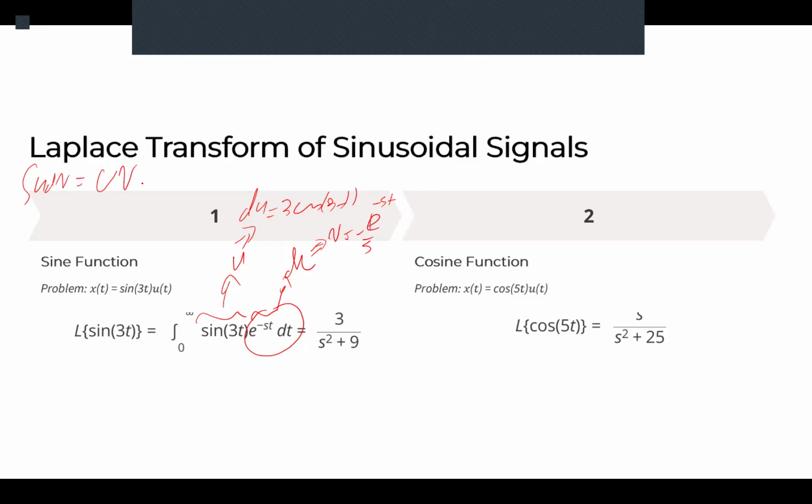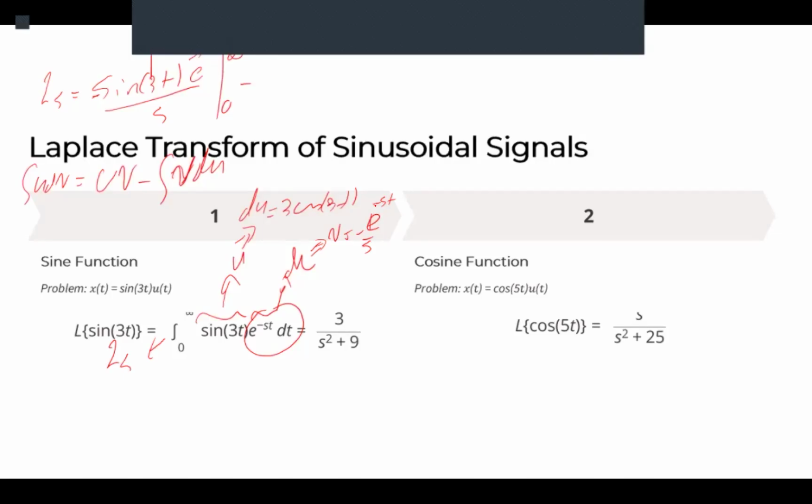Now, again, we know that the integral of u dv is going to be uv minus the integral of v du. So what's happening? uv is going to be sine of 3t times e to the power of minus st, with a minus here over s, from 0 to infinity.